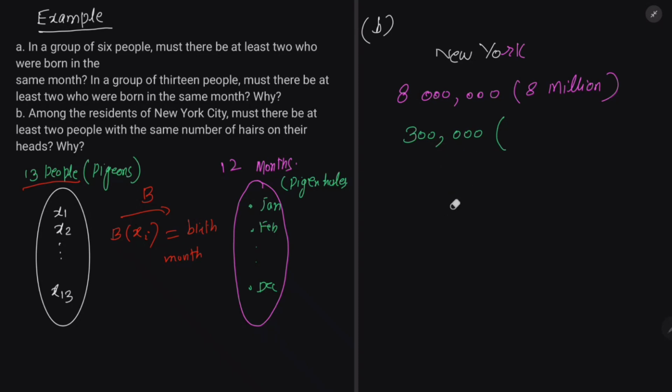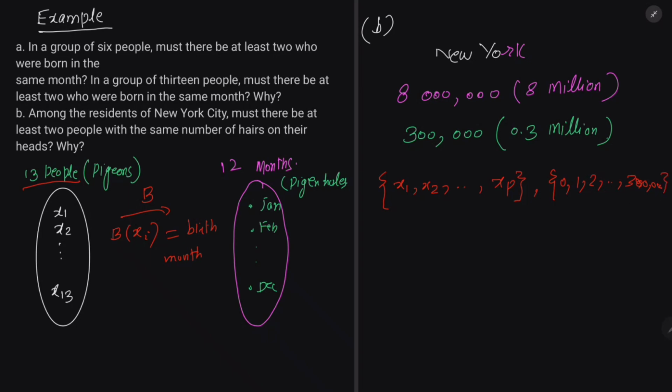So our set will be this, 0.3 million. Now, if for example we make a set, the residents of New York are denoted by x1, x2 up to xp, and the number of hairs can be 0, 1, 2 up to 300,000.